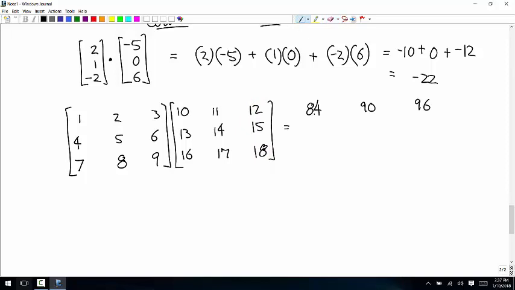Now we go to the second row of the output matrix. To get the 2, 1 element of the output matrix, what row do you think we'll use second? Yep, second row, first column.